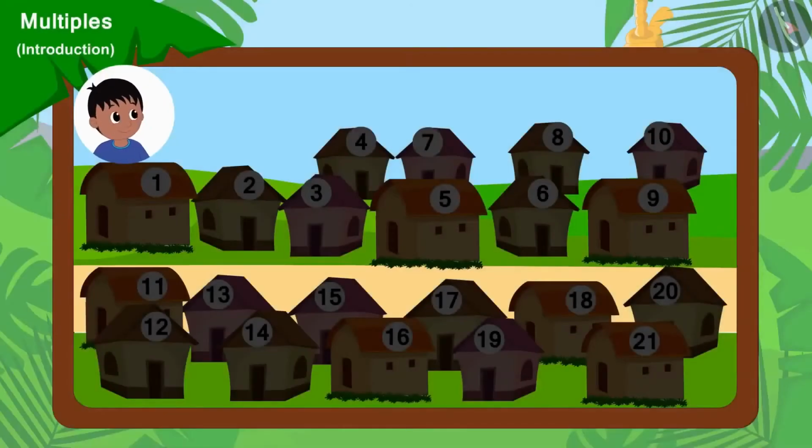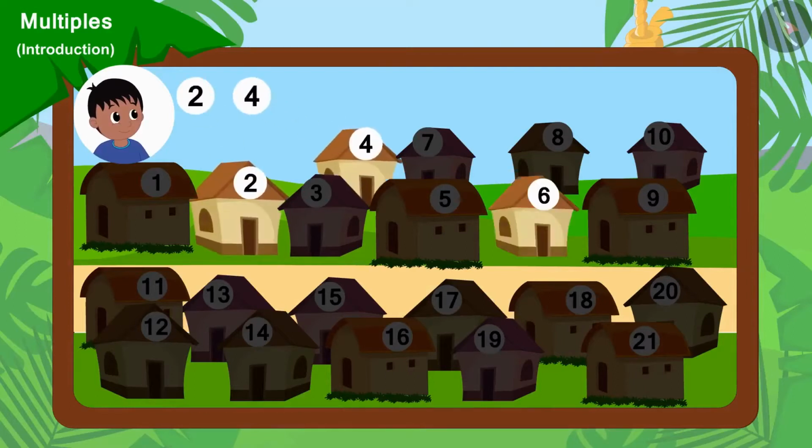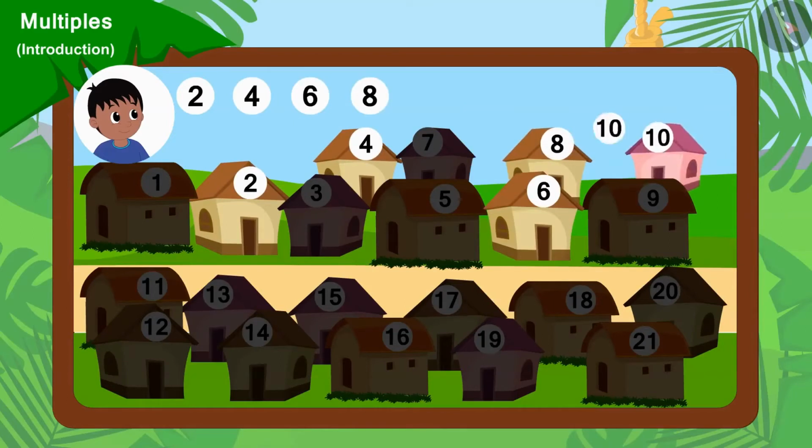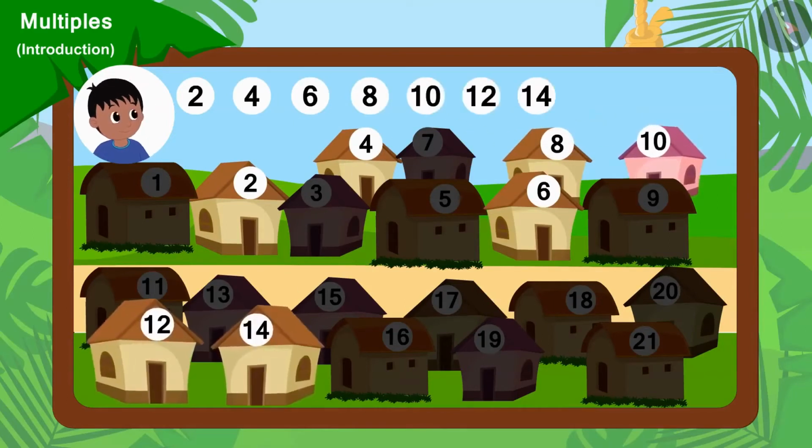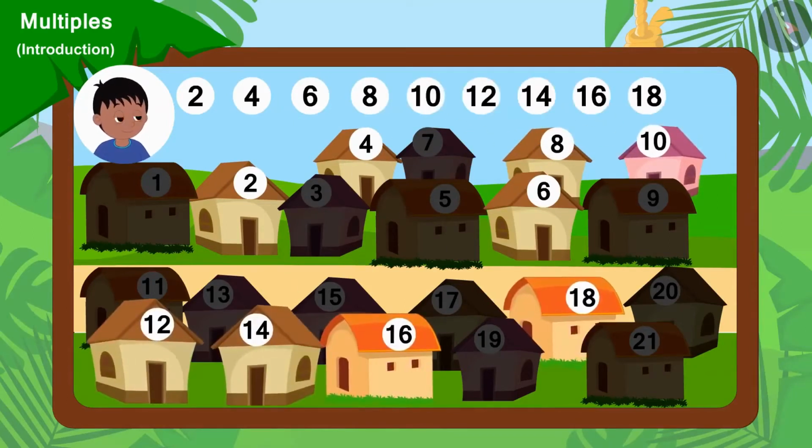Well done children, you have found the correct answer. Raju will go to collect donations from house numbers 2, 4, 6, 8, 10, 12, 14, 16, 18 and 20.